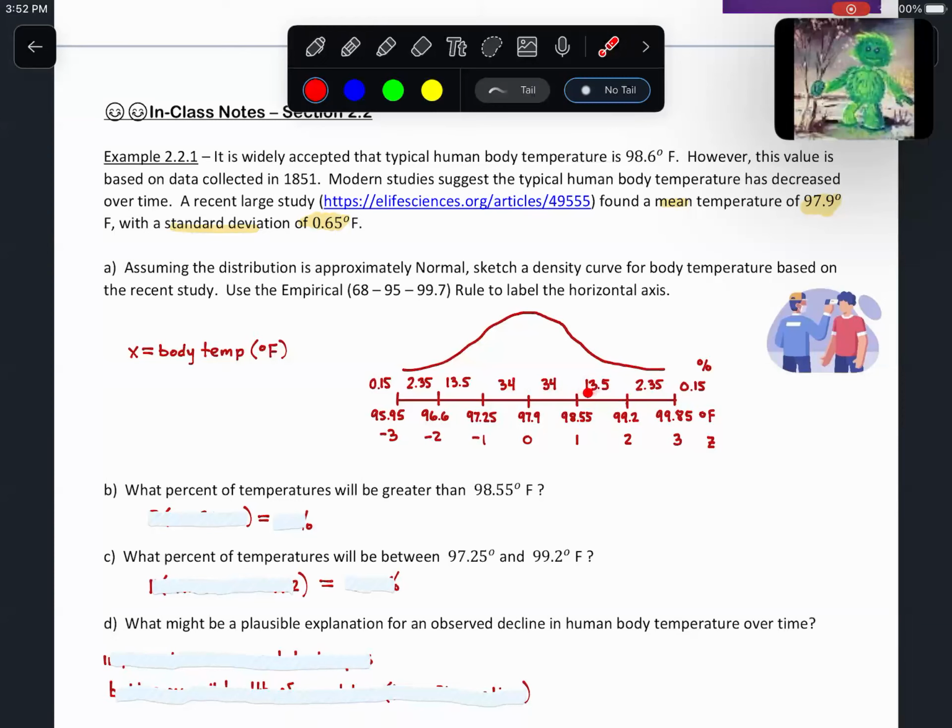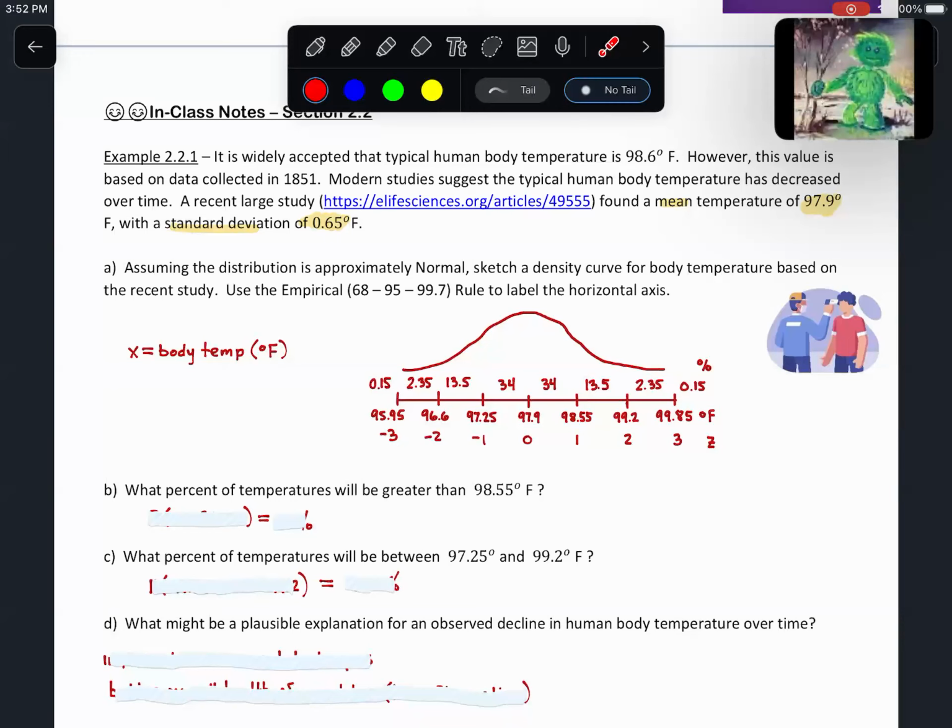So if I want to figure out, where did this 13.5% come from? The calculation that I'm doing there is 95 minus the 68 that was already accounted for, and then divide that in half due to symmetry. And that's how I knew to put 13.5% within these subintervals.